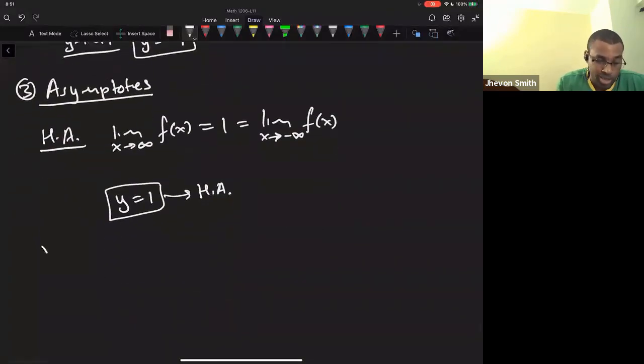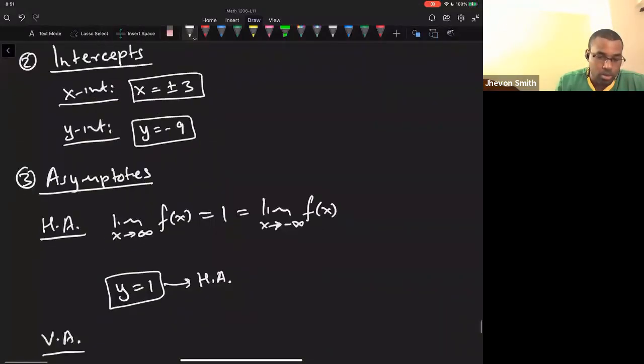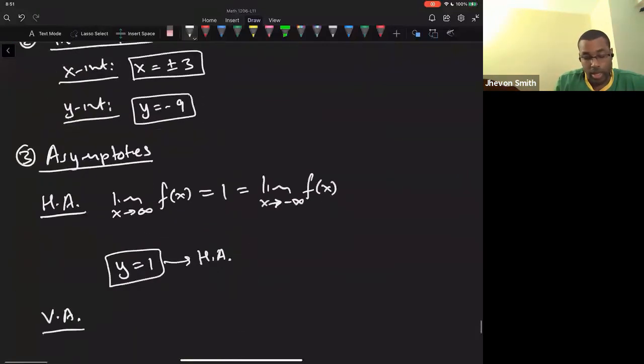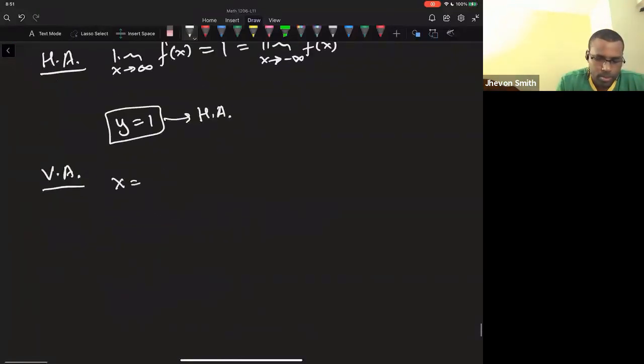This is by the ratio of the leading coefficients. Vertical asymptote, x equals 1. The denominator equals 0 here.